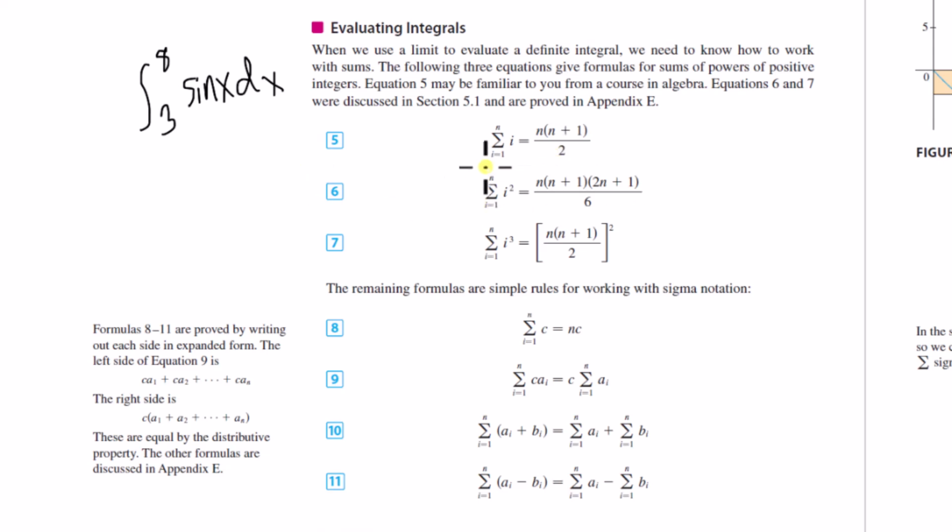So like the sum from i is equal to 1 to n of just i is equal to this. The sum from i is equal to 1 to n of i squared is equal to this. And i cubed is equal to this. And you'll see how this is helpful for evaluating these definite integrals from the summation perspective. And you might be wondering, where do these come from?